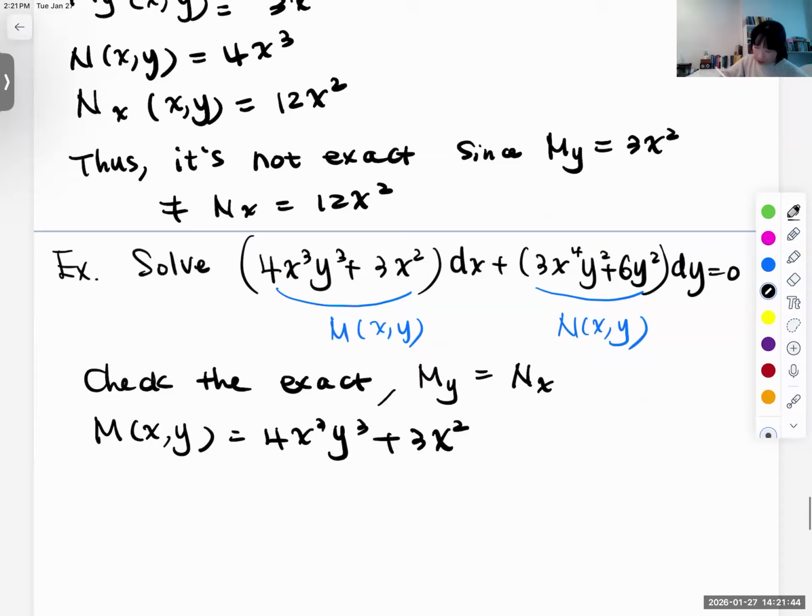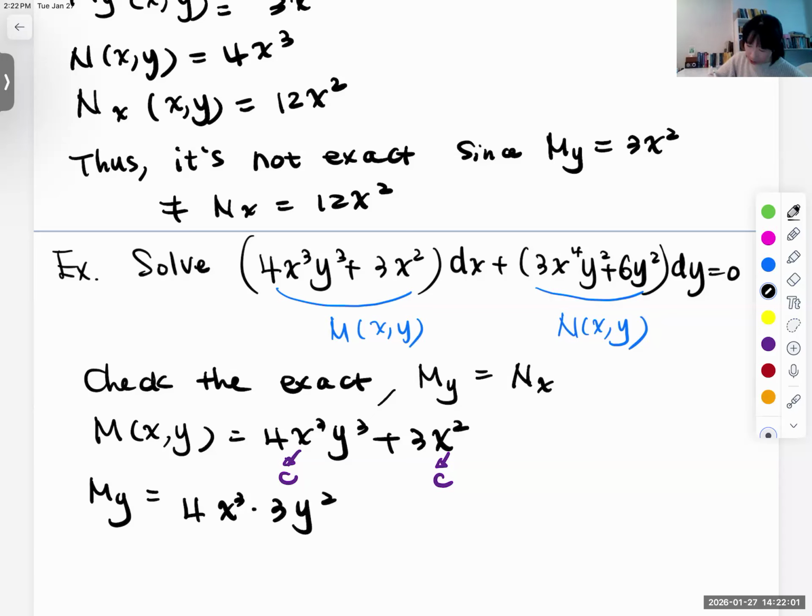This is a constant, this is a constant. Then we get 4 x to the third power times 3y to the second power, and the second term is 0. So we get 12x to the third y to the second power.